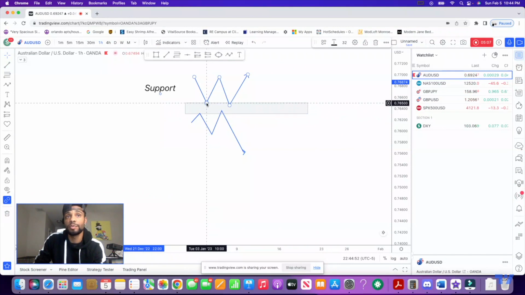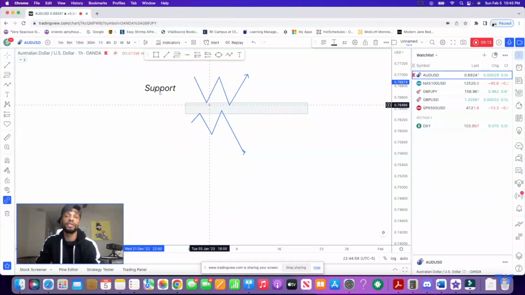Since price cannot push through, it's supporting price. A good way to think about it is a building or a house: you're standing on the floor, and the floor is supporting your weight, so you cannot fall through.